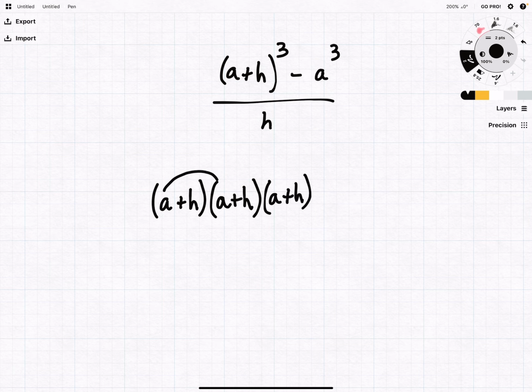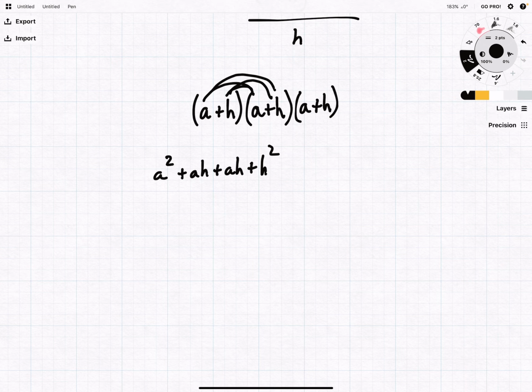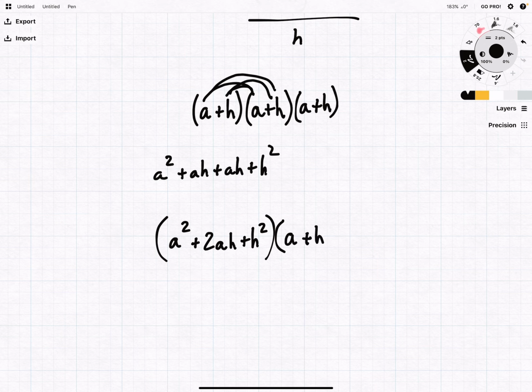And let's just go ahead and start with multiplying it out. So we have a squared plus ah plus ah plus h squared, which simplifies to a squared plus 2ah plus h squared. But we still have one more a plus h to multiply.